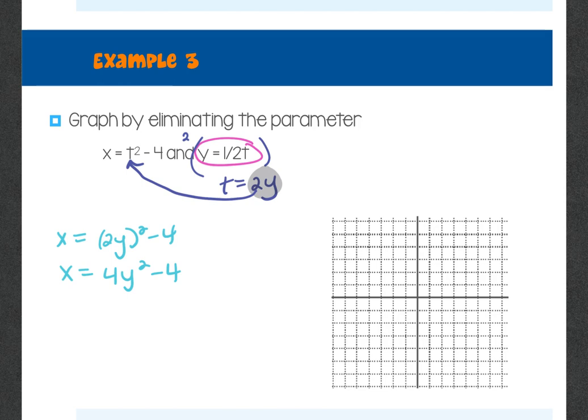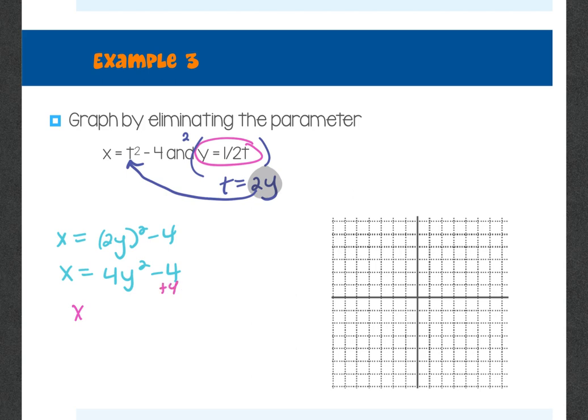What kind of equation is this? It's a parabola. What variable is squared? Y. So this is facing either right or left, right? I have to isolate the y before I can figure it out completely. Actually, I have to move the 4 first.